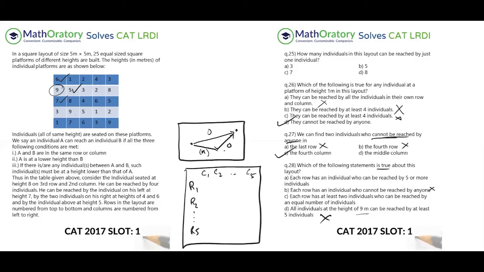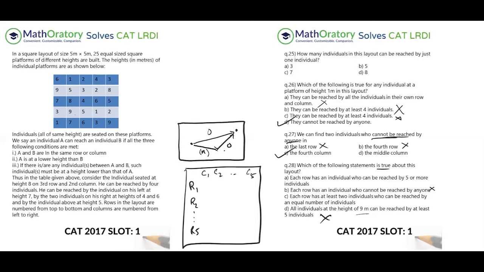So now I could take a call on A and C. I believe A should be easier to test than C. So let's go with A, because for C, I have to figure out each and every individual. That would be something for question number 25 anyhow. 25 also has to, but for 25 I don't need to figure out each individual's number of times they can be reached, right?